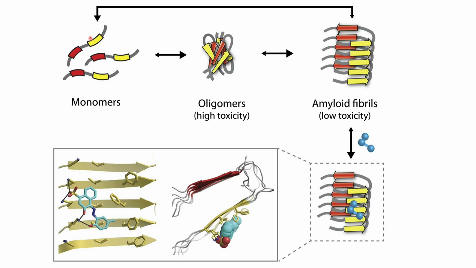So the first step of aggregation is one monomer aggregating with another monomer to make a dimer. Then the dimer with another monomer makes an oligomer. Till the oligomer stage, the aggregation is soluble.